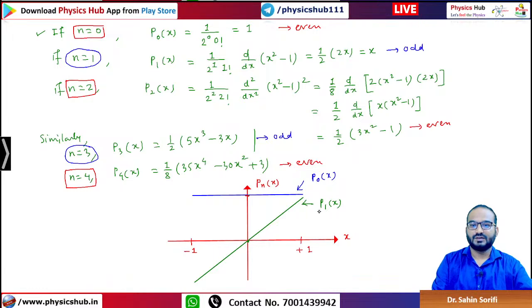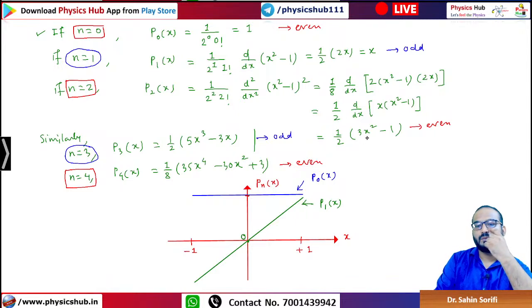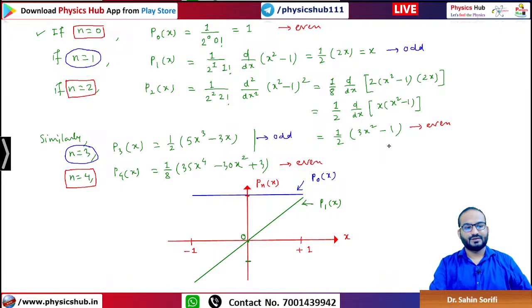Okay. Now if you look at this closely, this is at x equals to 0, right? So at x equals to 0, what is its value? -half. So it should cut at -half. This is the point where it will cut the axis, and when you put P2(x) equals to 0, 3x square minus 1 equals to 0, so x equals to plus minus 1 by root 3.